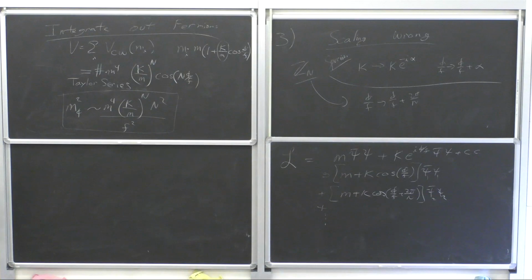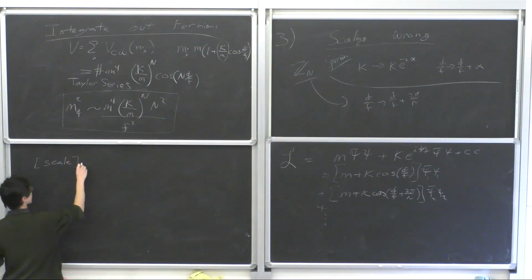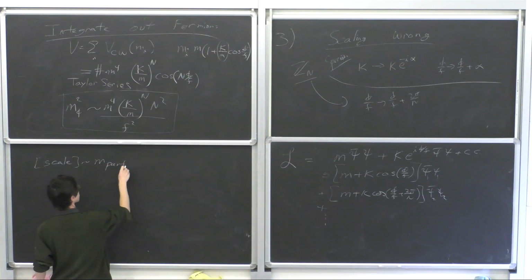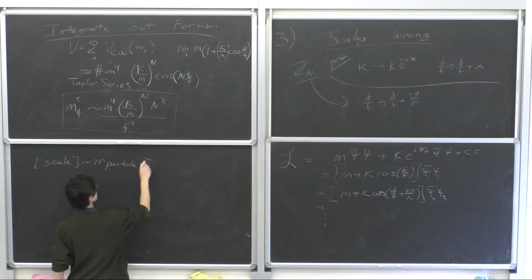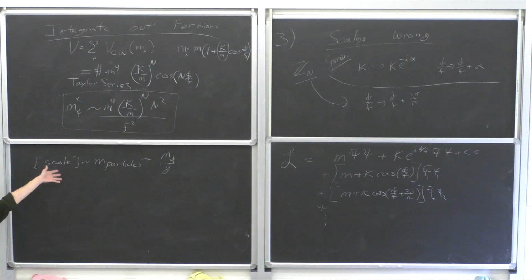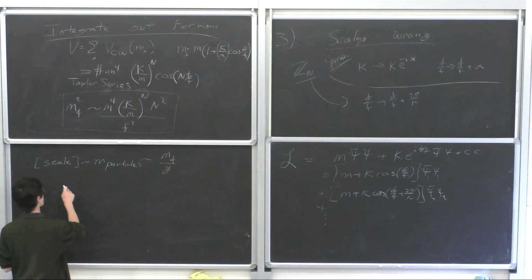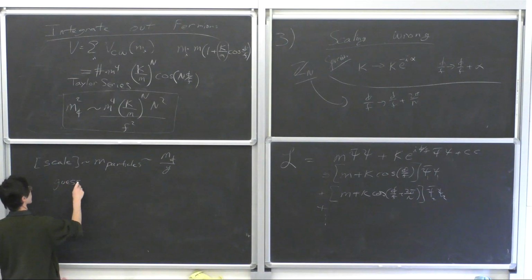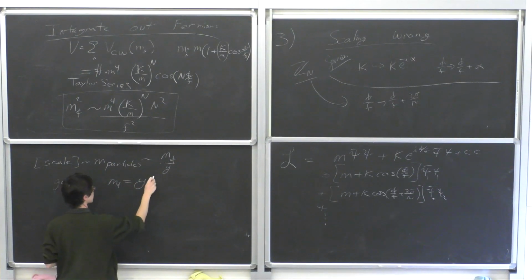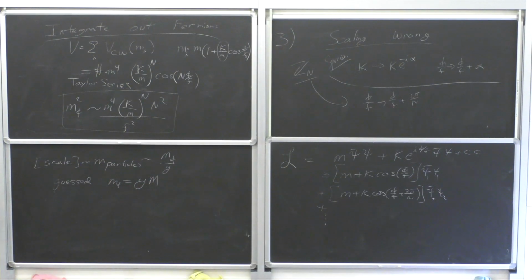And so remember we had said scale, which is, let's say, roughly m of particles, is roughly m phi over y. So you see like the mass of the fermions are all of order m. And so we would have guessed up to order 1 numbers that m phi is y times this m parameter.